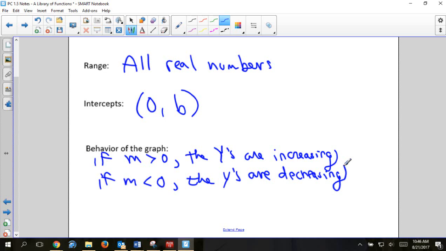So if m is greater than 0, it's going up. If m is less than 0, it's going down. What if m is equal to 0? Horizontal, right? What is that called? Does anybody know? It starts with C. Constant. Good. The y's are constant.